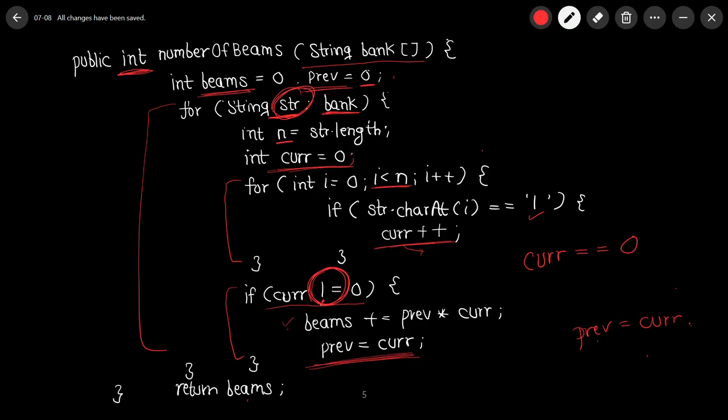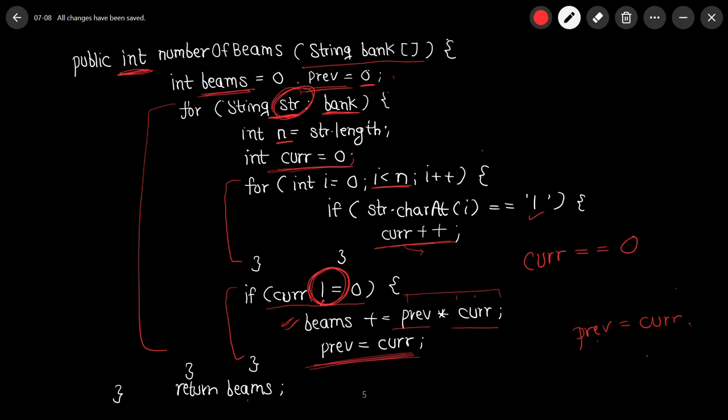And we also count the number of beams, which is nothing but previous into current. That is the simple multiplication. I could also have written this outside the if, because if current is zero, eventually the multiplication would also become zero, right?